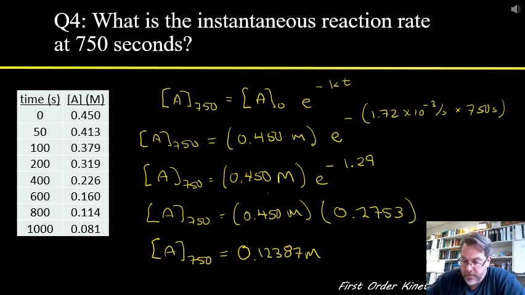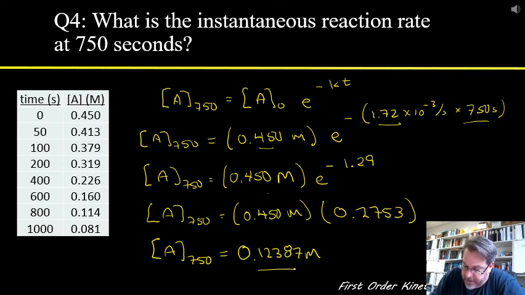Okay, so I went through this using the same equation that we've been using. Concentration of A at 750 seconds is the initial concentration times e to the minus kt. I just put in our values for initial concentration, k, and t. Went through those and got a concentration of 0.12387 molar.